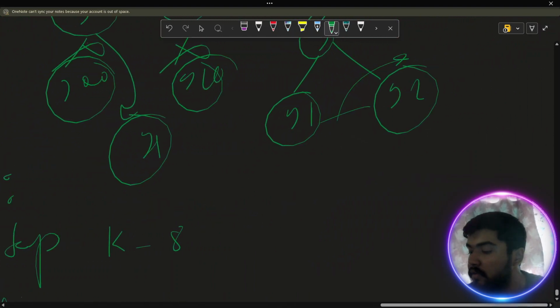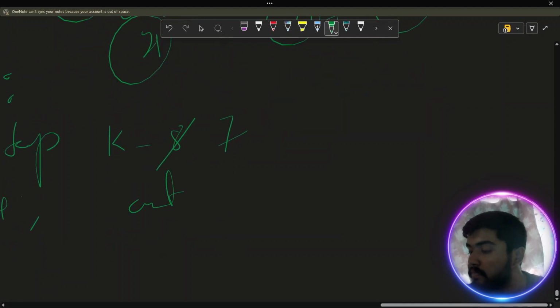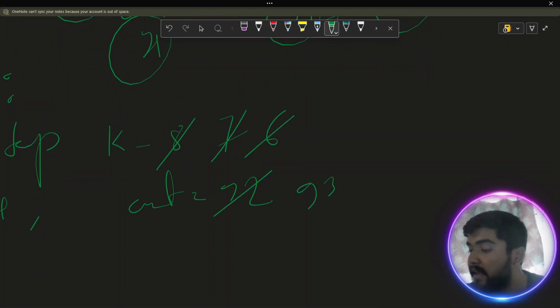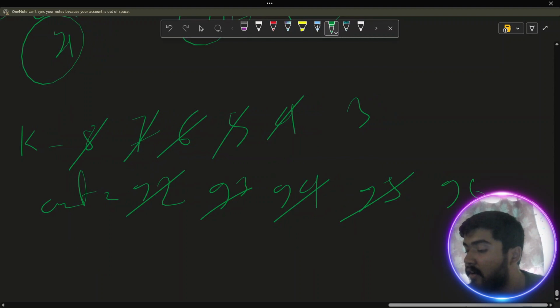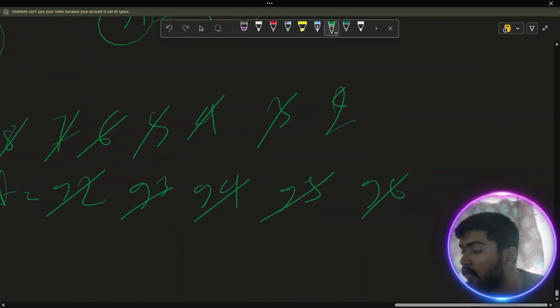So 91, 92. Again only one. So k becomes 7. Current becomes 92. Then again k becomes 6. Current becomes 93. K becomes 5. This becomes 94. 4, 95. 3, 96. 2, 97.